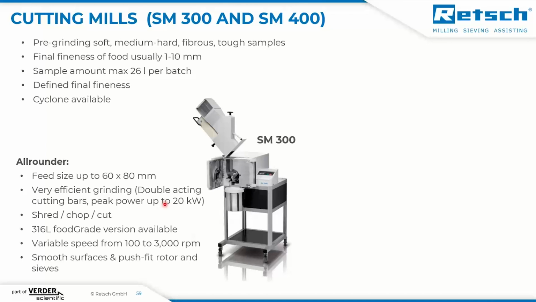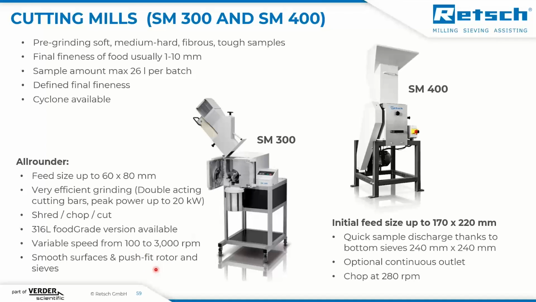You will see this later on. By choosing different rotors, we can work in a shredding, chopping, or cutting mode. And I think very interesting for food samples, we have a 316L stainless steel food grade version available for small scale food production processes. We have a variable speed in the case of the SM300 and push fit rotors for easy cleaning and exchanging the tools.